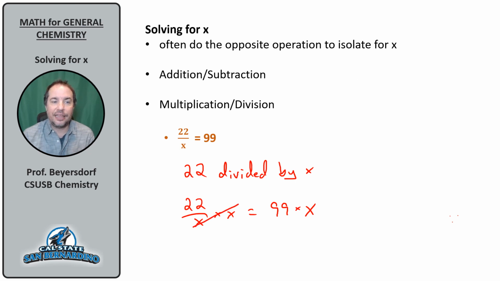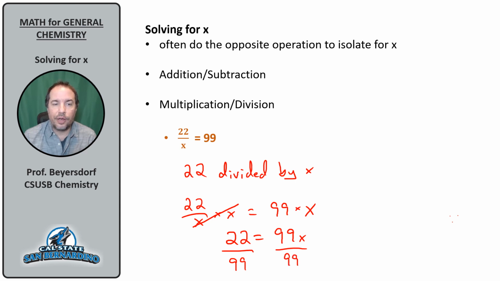On the left-hand side, the x's will cancel out, and so I have 22 equals 99x. Now, just like we had before, I need to get rid of this 99, so I divide both sides by 99. So I get that x is equal to 22 over 99, or 0.22.